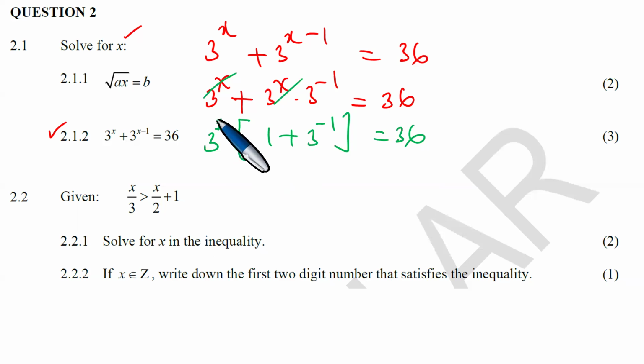And then 3 to the power of x times 3 to the power of minus 1 is, yes, the same. So 3 to the power of x times 1 is 3 to the power of x, and 3 to the power of x times 3 to the power of minus 1 is 1. And then it equals 36.